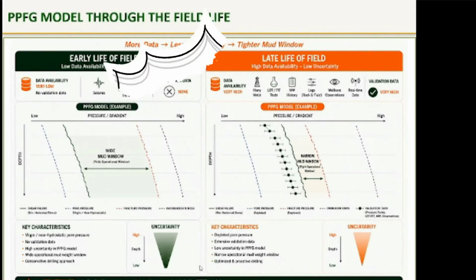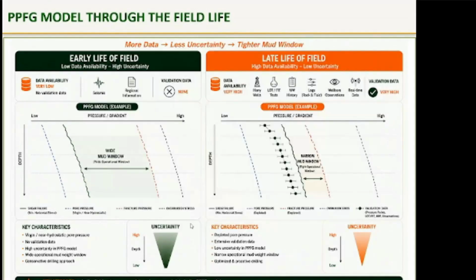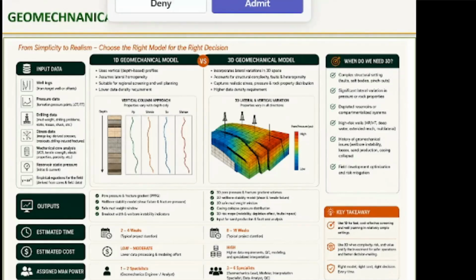So let's go to one other critical point, by the way. How sophisticated does the model need to be? And here I do believe most of our attendees need to know more about the 3D geomechanics and when it is important for some cases.